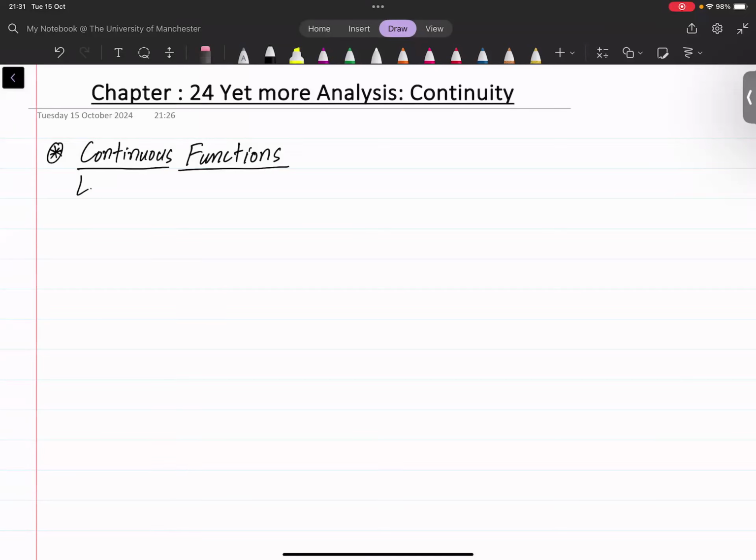So let's say f is a function from real numbers to the real numbers, and let c be a real number.